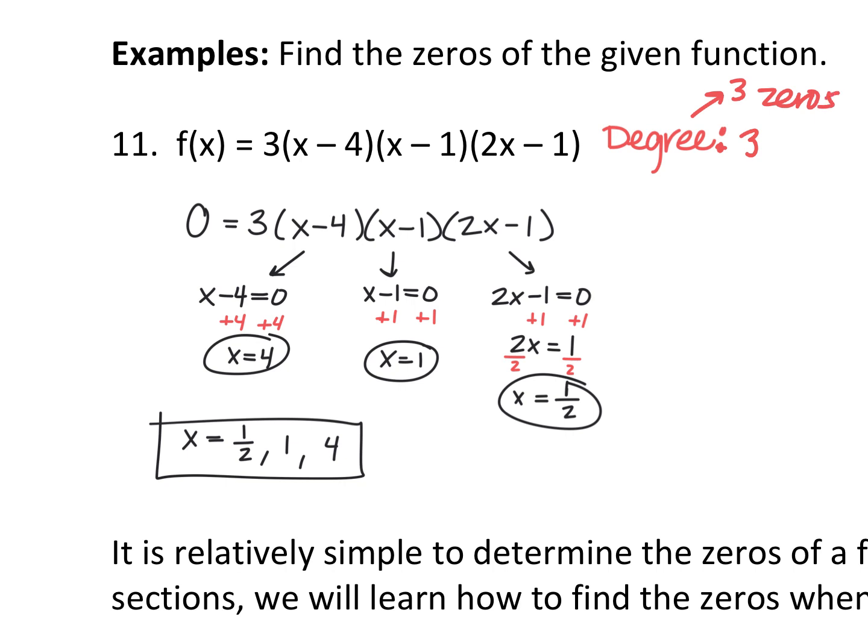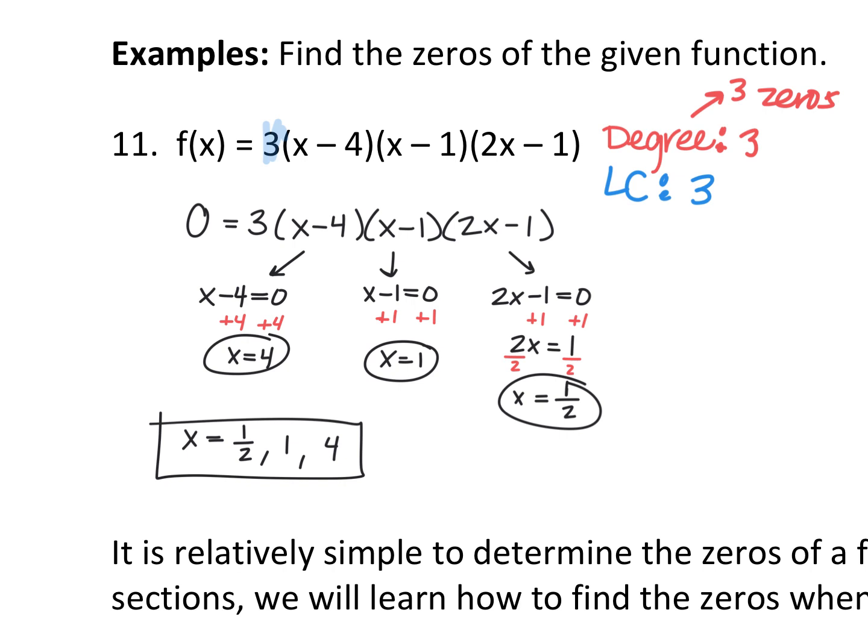And the leading coefficient is still the line leader out in front. So it is 3. Another way to think of it, I see 3 x's there. If I were to multiply those together, I would get x to the third. So it's going to be a cubic function with a degree of 3.